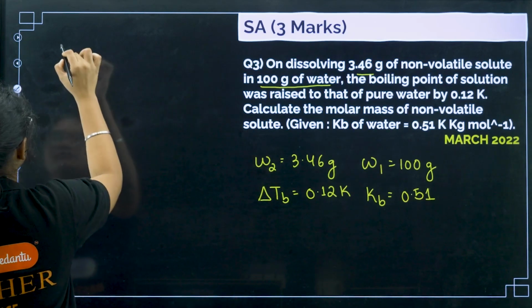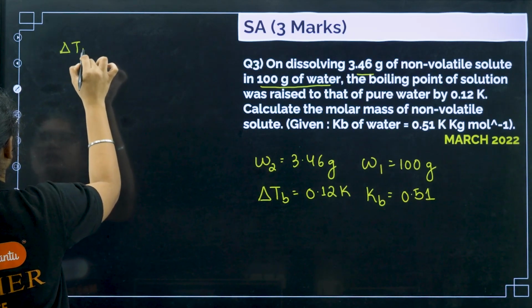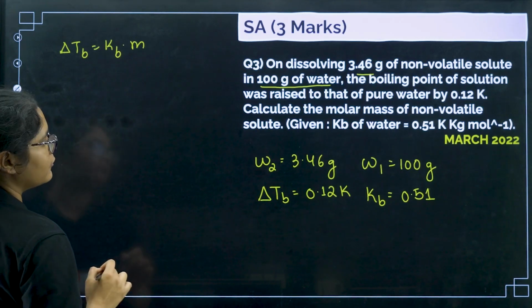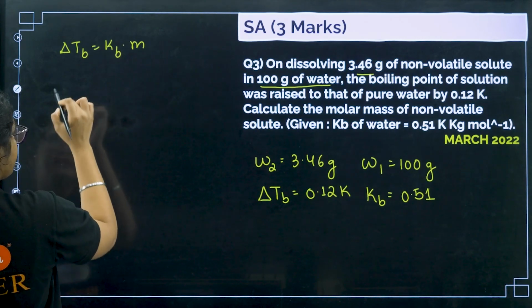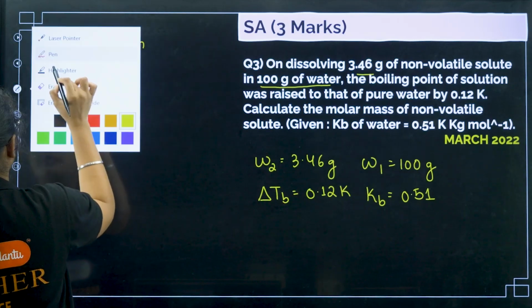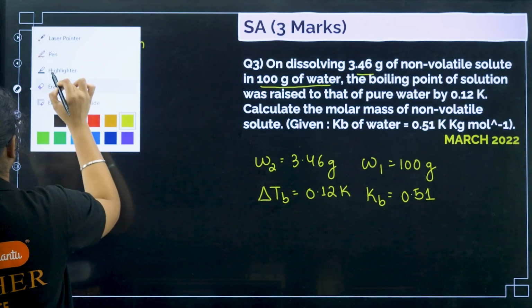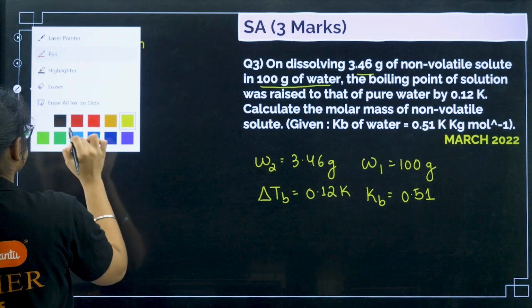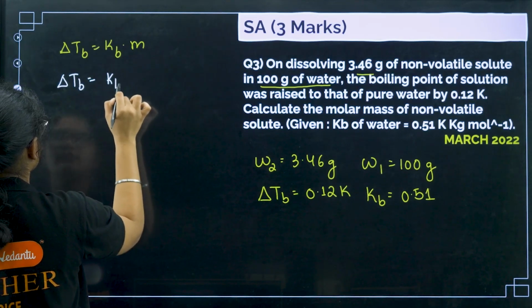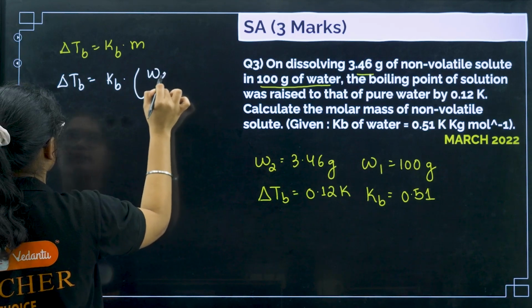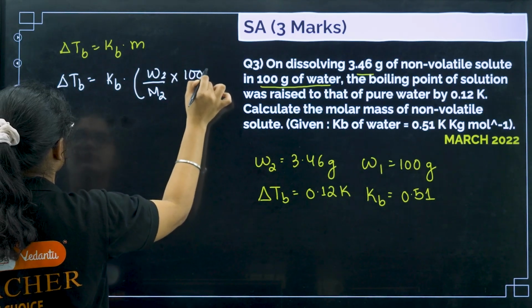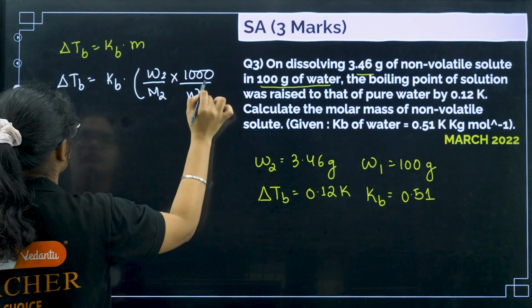So the same we will use here, delta TB is equal to Kb into m. Let me write down the formula of m also, then we will substitute. Delta TB is equal to Kb into W2 by M2 into 1000 by W1.